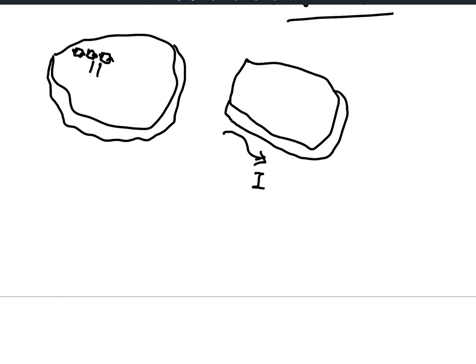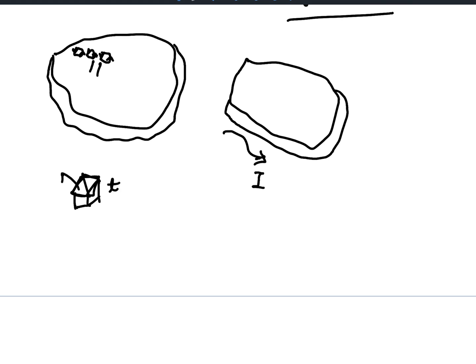Now let us assume each one of them is a small square with some thickness.